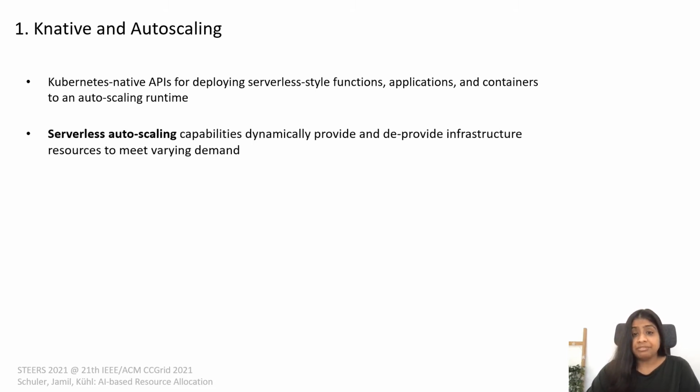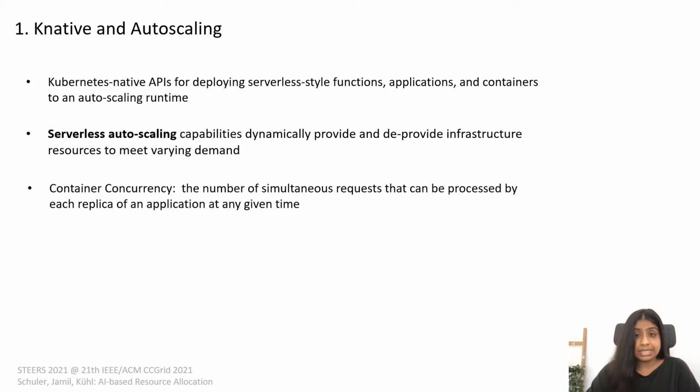The most important feature of Knative is its autoscaling feature, wherein an application's replicas can be scaled up or scaled down depending on the incoming demand. It can also be scaled down to 0 if there is no traffic on the application. And Knative uses many settings to achieve this desired effect.